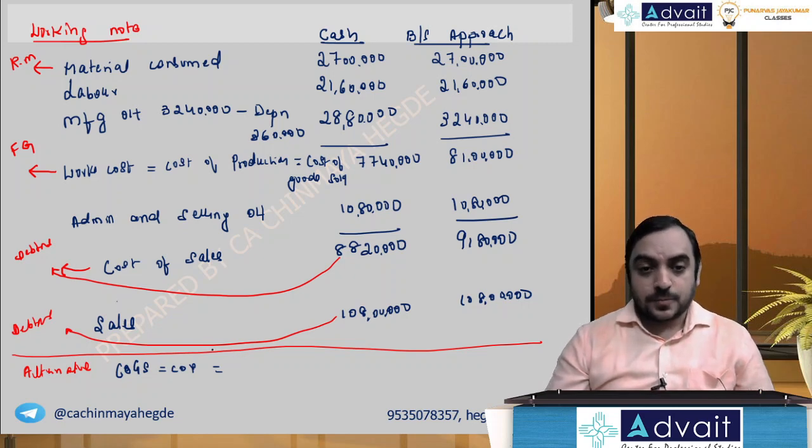Sales is how much? 108 lakh minus gross profit 1/4 on 108 lakh. How much is that? 27 lakh.